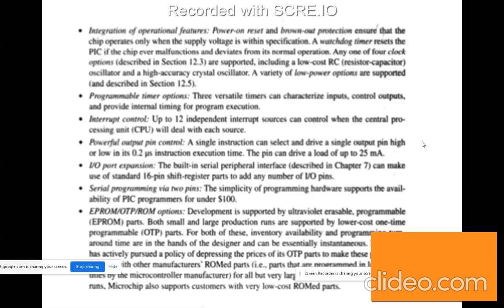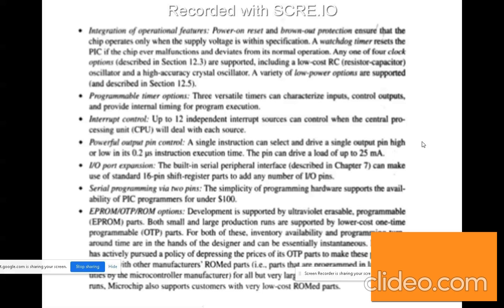These are the features of your timer. Okay, so it will characterize the input as well as control the output, and also provide the clock pulse for executing the program. Okay, these are the three things done by your timer circuit.